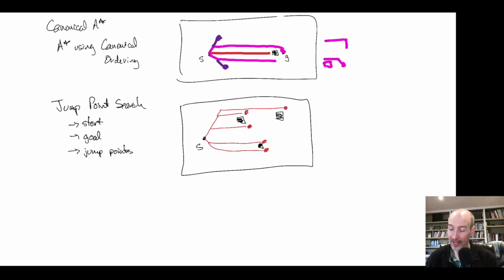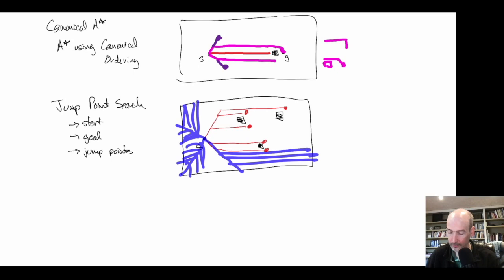But what's actually going on is that jump point search is computing the entire canonical ordering. So jump point search is running this way, scanning here, it's scanning here, it's going this way, it's scanning here, it's going down this way, and it's scanning all the way here. And it's going this way, scanning here, and scanning all the way down here.